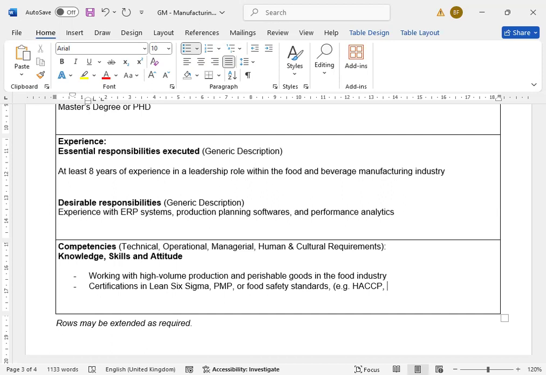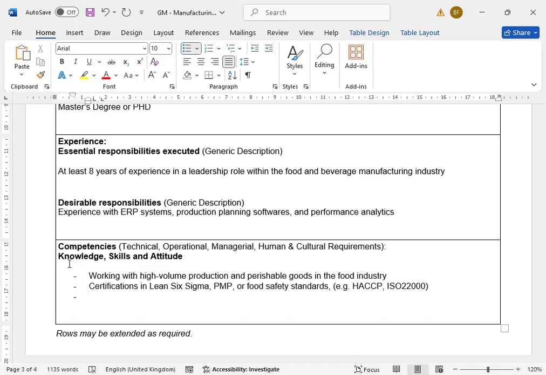And even this ISO, the food risk, 22000. The 9001 is for the documentation, but the 22000, that's for the food risk management. Okay.